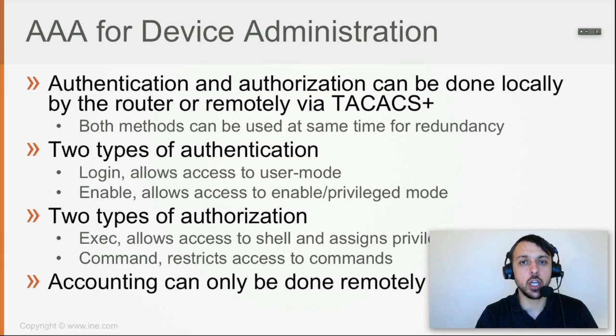So a subset of the archiving feature allows the router to log locally and keep in specific text files which users have typed which commands on the router's CLI. But that has nothing to do with the regular AAA model. It's a different type of configuration. So speaking about just AAA configuration, there's no way you can configure the router to do local accounting. Only remote accounting on a TACACS server.